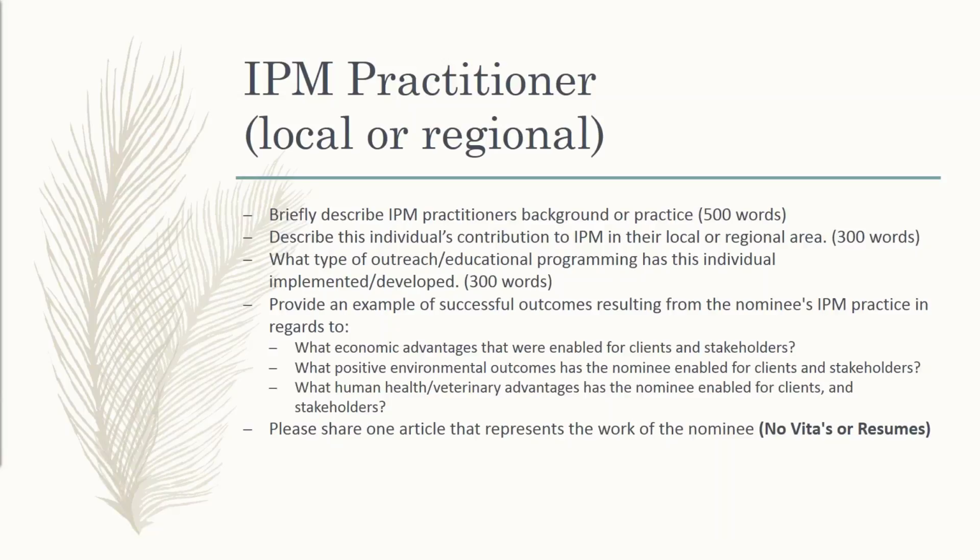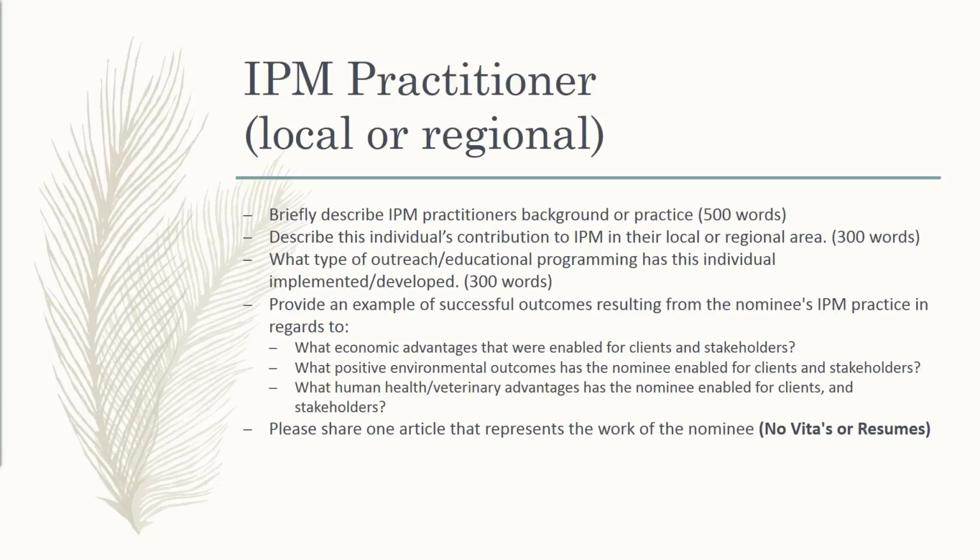Then the other things that we're asking you to focus in on for the nominee is, was there any economic advantage? So maybe you're talking about a crop advisor or somebody that works in agricultural production. What have they been able to do to help make things better? Maybe getting out those tomatoes or those almonds or that wheat, whatever it is. Was there any positive environmental outcome?